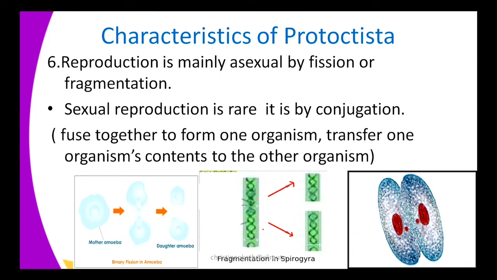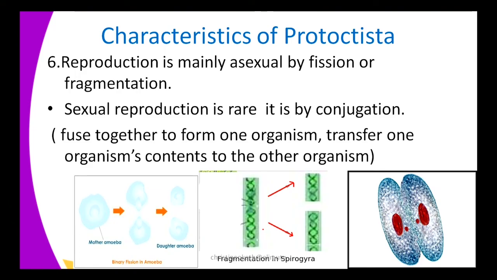So that is one way in which they reproduce. Secondly, we have fragmentation. Just from the word fragments, we have a parent cell that cuts itself into parts. Those parts are the new organisms. So that is another form of reproduction by the Protoctista.